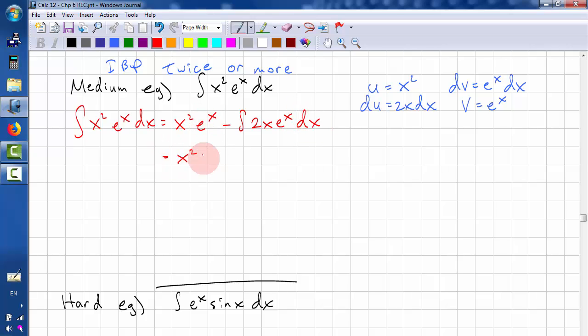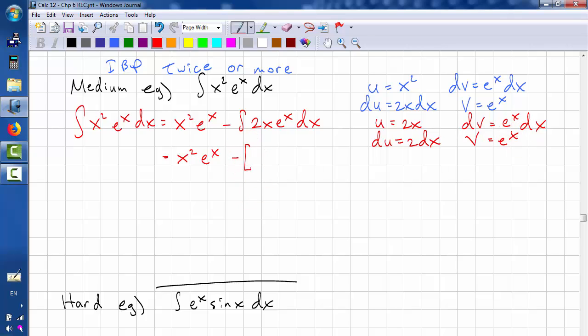Again, we don't do anything with the first term, e to the x, minus, now we have a new u. That's going to be 2x, du equals 2 dx. dv equals e to the x dx. v equals e to the x.